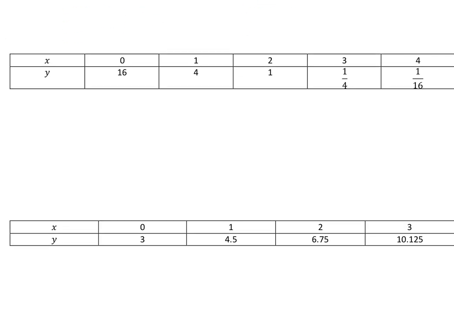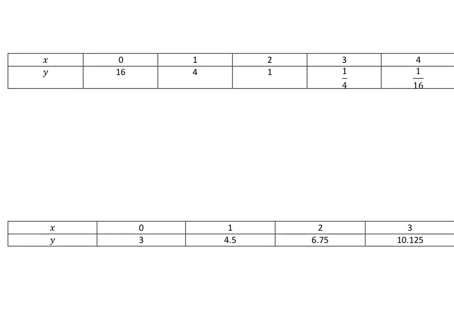Our second one, we start with our x's. And when we look at our x's, we see that we are increasing by 1 each time. That's the first thing that we want. Now the second thing we want is how are we changing our y's? When we look here, you can say, okay, we subtracted 12 to get from 16 to 4.